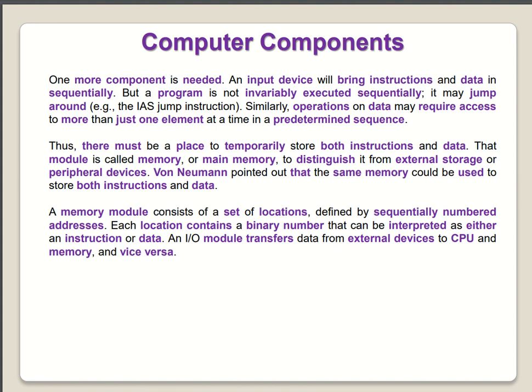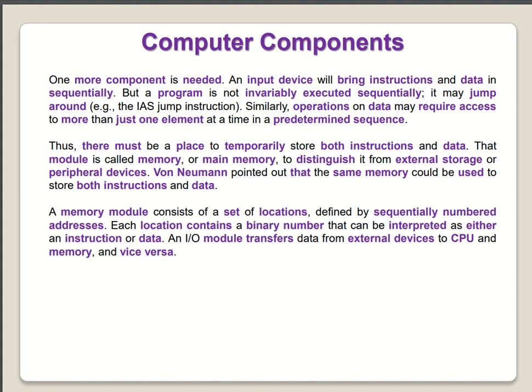The instructions need to be kept and also the data needs to be kept temporarily. That is the main memory, which is going to hold your data and instructions. This internal memory, or main memory, is different from the external memory, the peripheral devices. The primary memory is way different from the external storage.